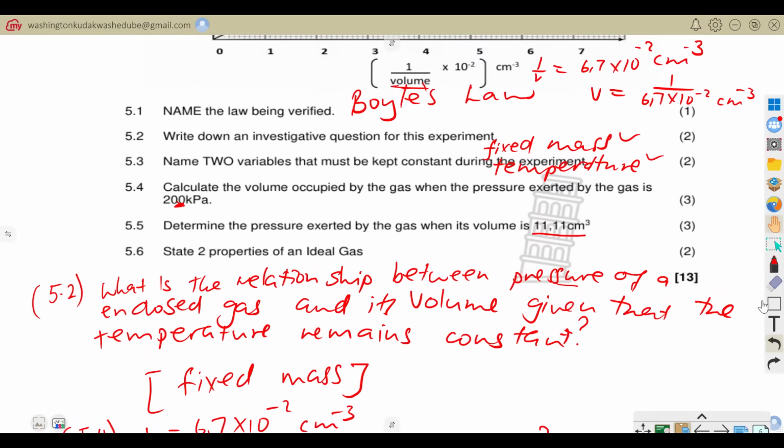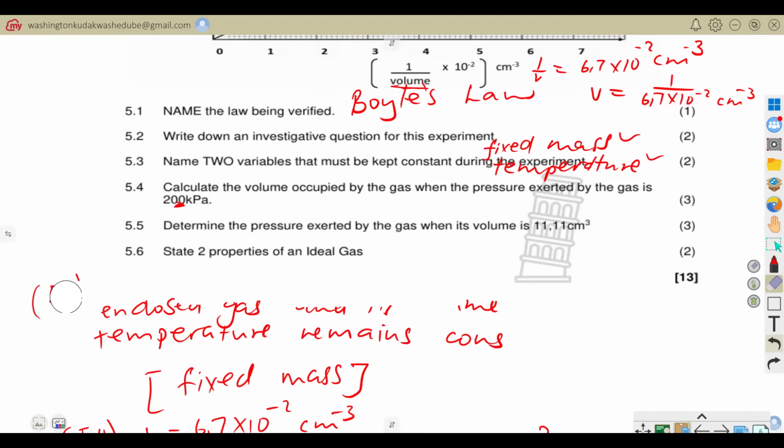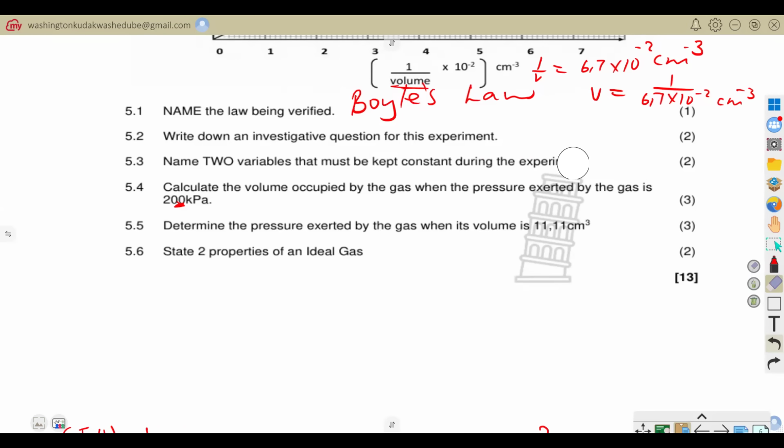Now state two properties of an ideal gas. We know that an ideal gas has no volume, and then it has no intermolecular forces. Or else you can say that the speed of the particles there is just the same, but for a real gas, we say that the speed is different.